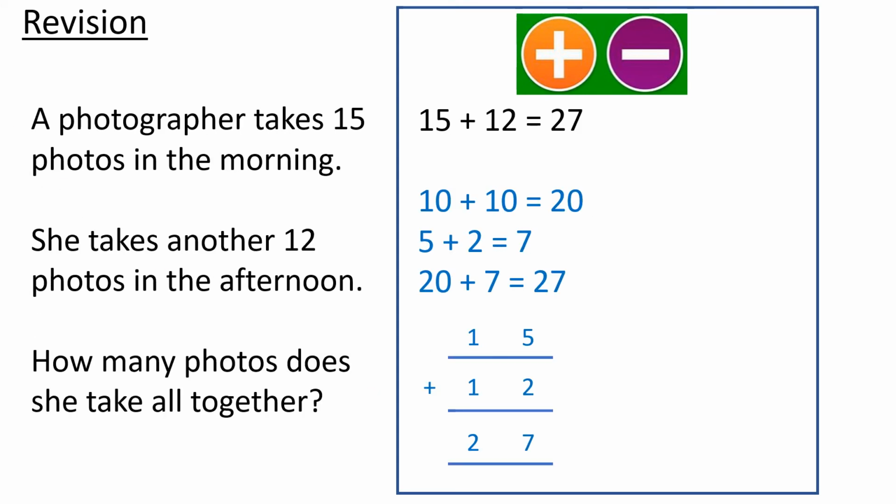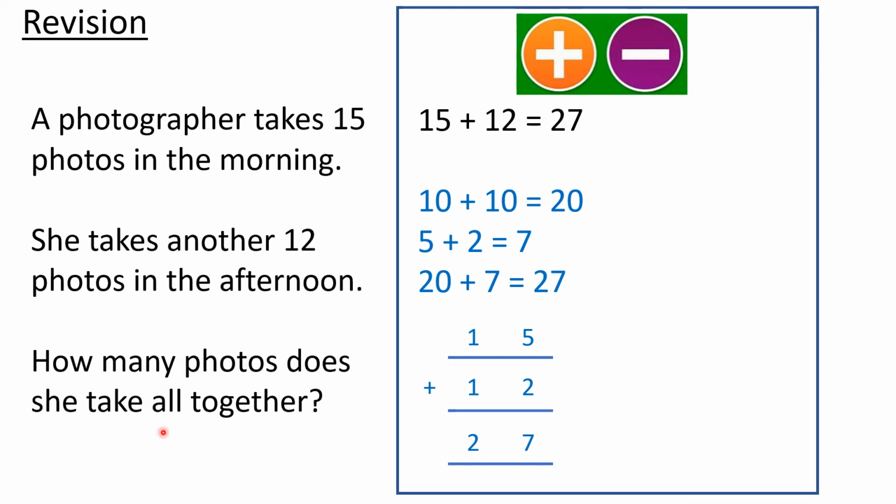Great, and now we've got one more word problem we're going to look at together today. It goes like this. A photographer takes 15 photos in the morning. She takes another 12 photos in the afternoon. How many photos does she take all together? Now this time I'm going to tell you straight away that I know I need to do an addition here to find my answer.